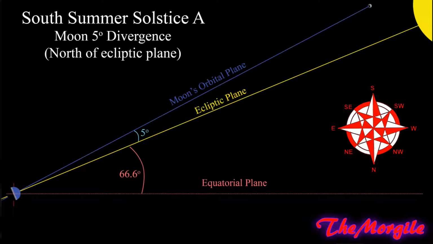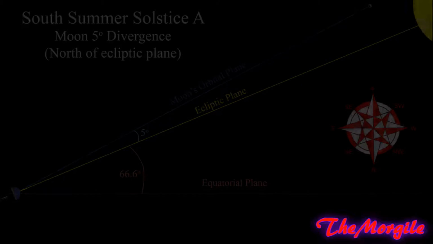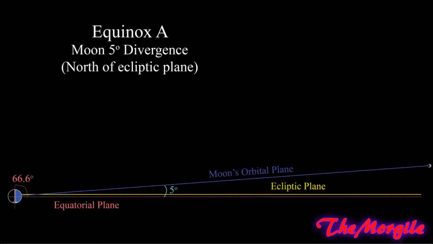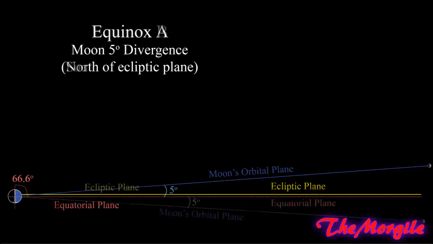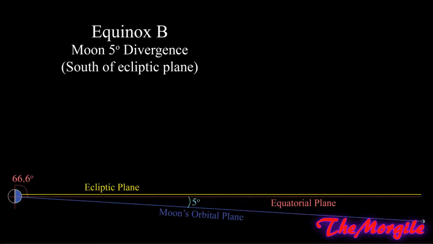And so in order for the moon to even attempt to remain between the tropical areas, it must necessarily be 5 degrees misaligned to the equatorial plane, not the ecliptic plane.